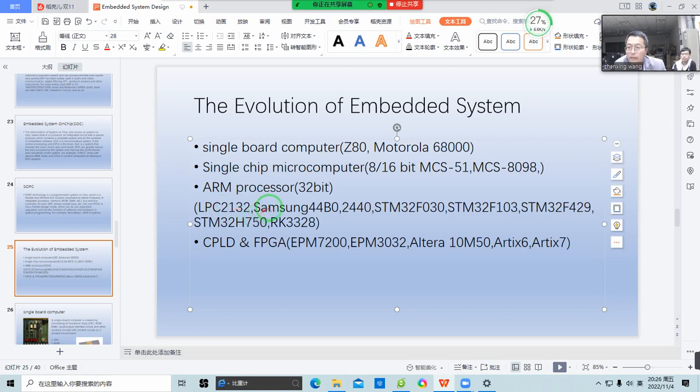Then in that period also Samsung, and later STM32, F0, F1, F4, F7, and also Rockchip and TI chips. There are a lot, but the most popular chip right now is the STM32. Many students learned this kind of processor.